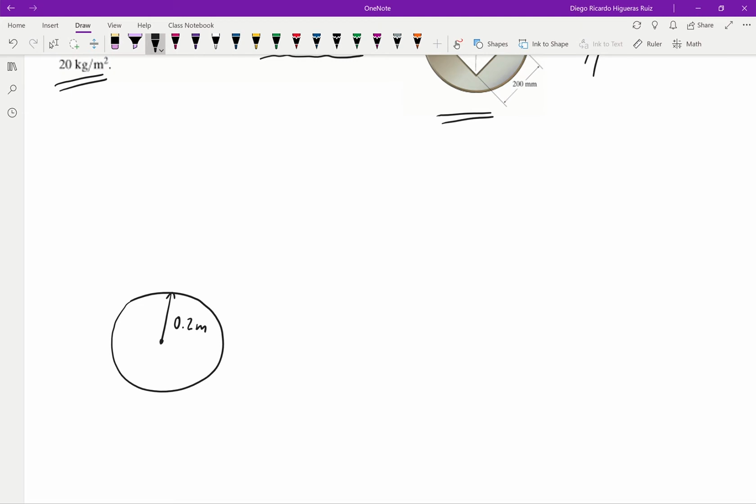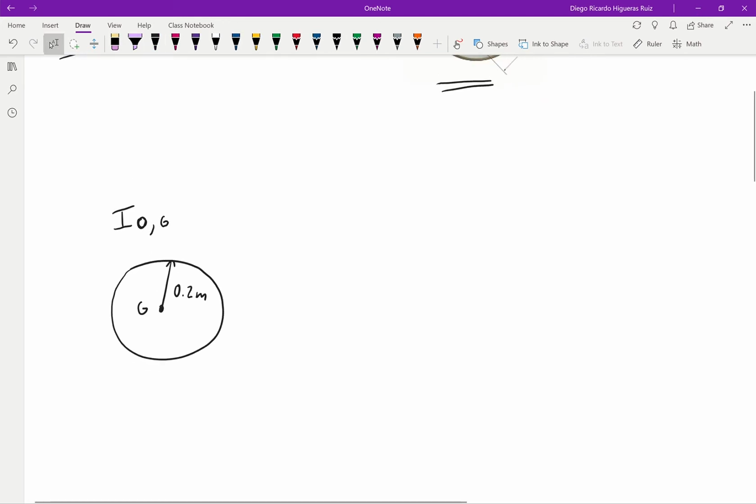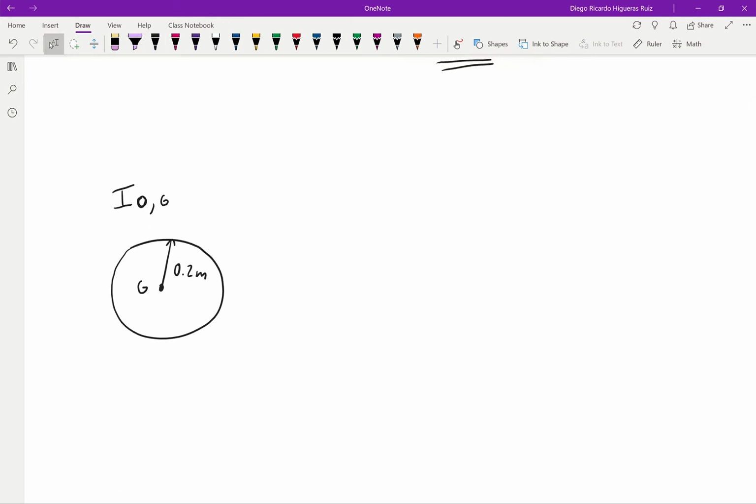In fact, I'm gonna call it the mass moment of inertia of the plate respect point G, where G is gonna be the center of mass or center of gravity.